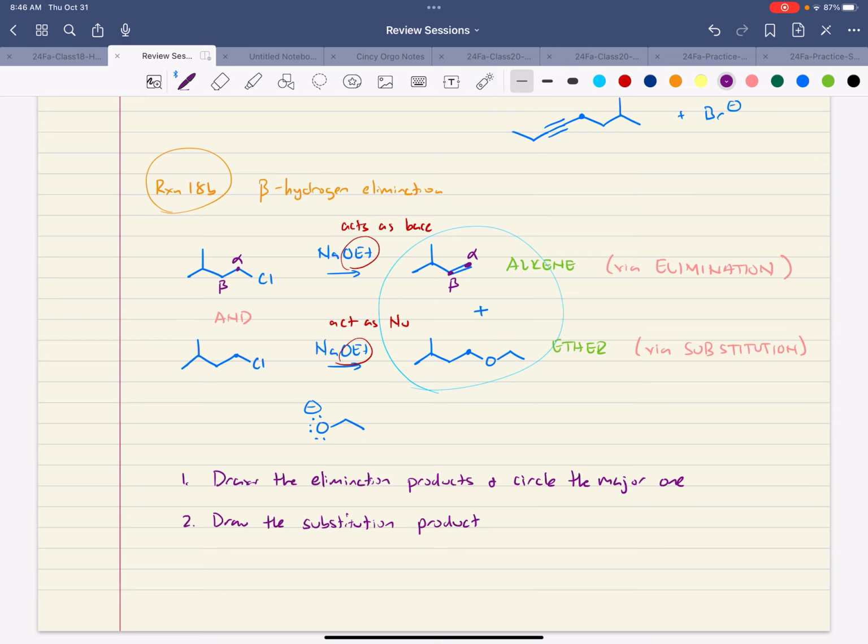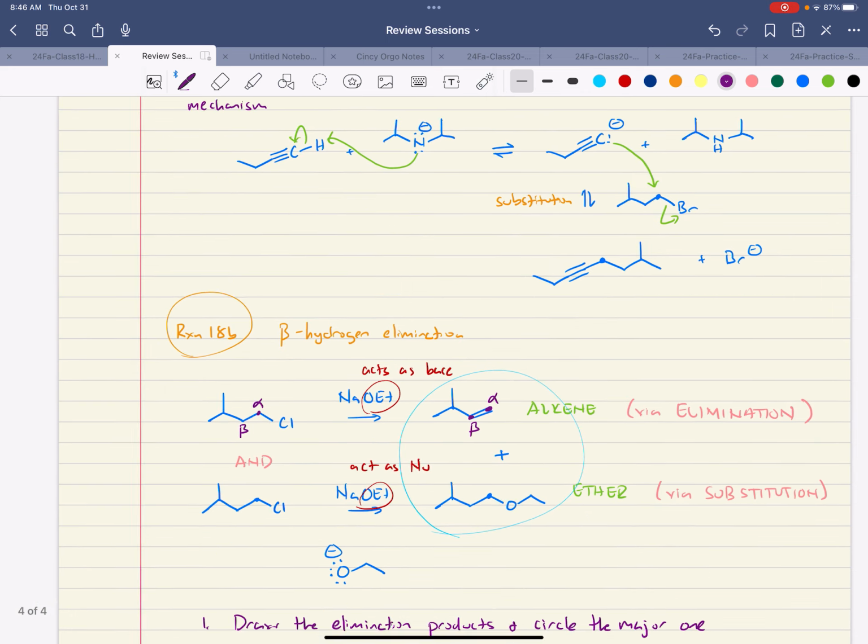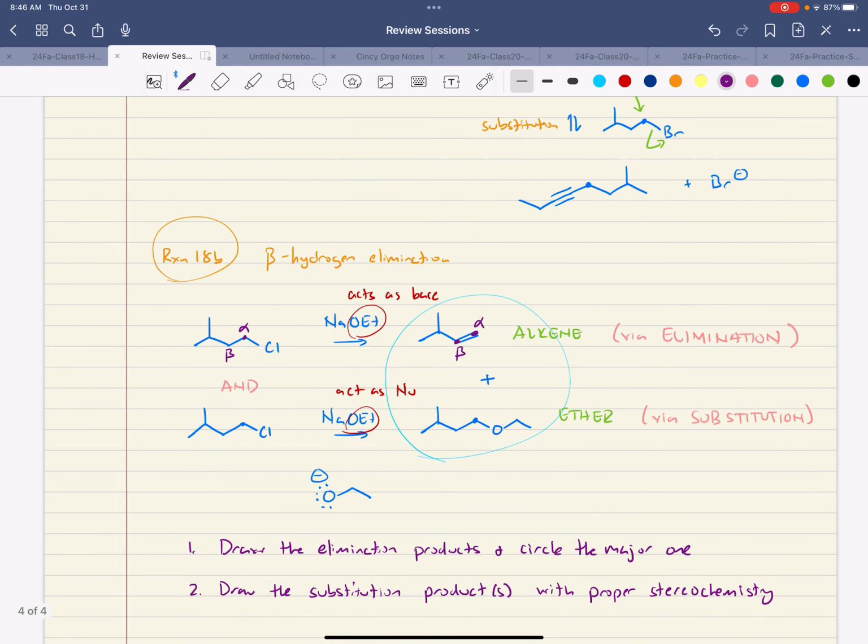Substitution typically gives one product unless you are making a racemic mixture. So what should I say here? Draw the substitution product or products with proper stereochemistry. Right now, we haven't seen any reaction where stereochemistry is important, because neither of these reactions produces a chiral carbon.